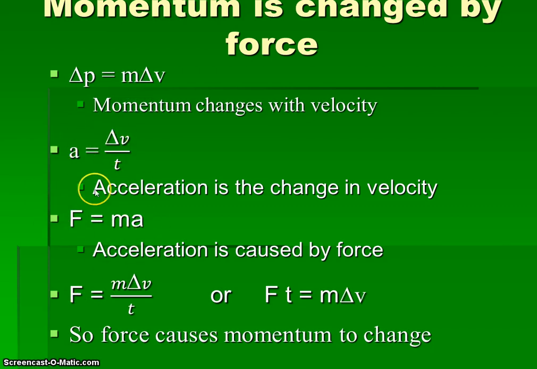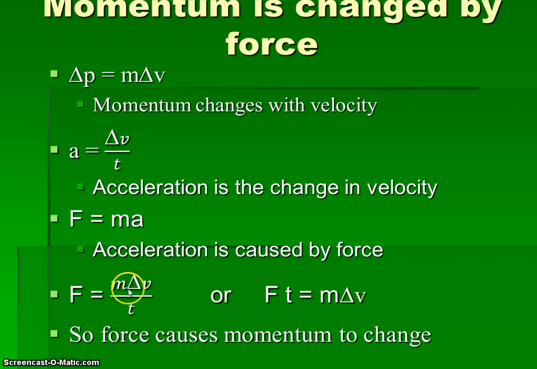If you combine those two together, F equals ma, instead of a, put delta V over t. So this equation becomes F equals m times delta V over t. That's what we have down here, F equals m delta V over t.